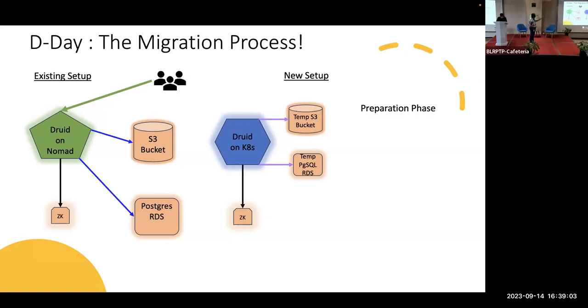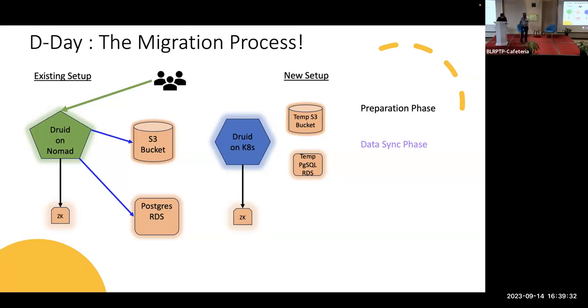Now your preparation phase is done, and the second phase is the data sync phase. Till now, the users are still pointing to your Druid on Nomad. What will happen in the data sync phase? We will stop the overlord and the middle manager.